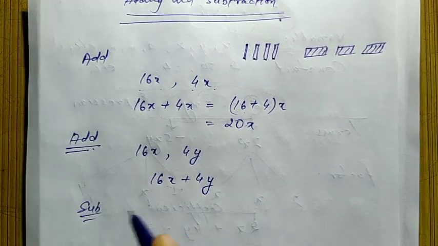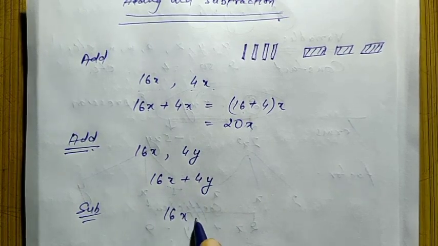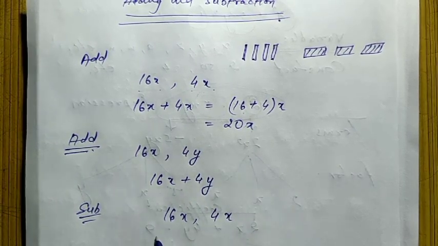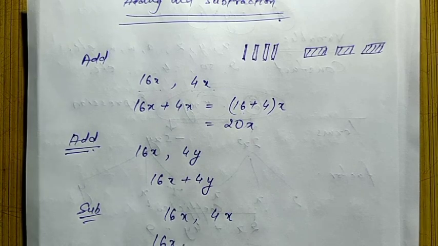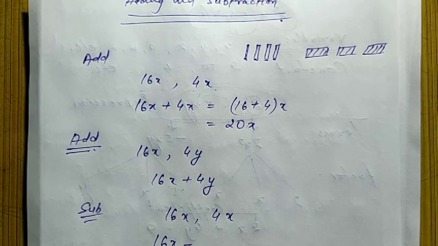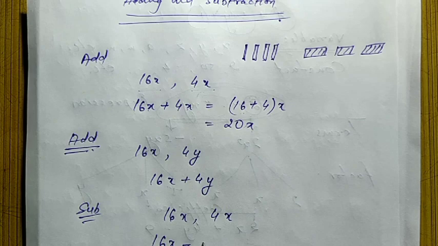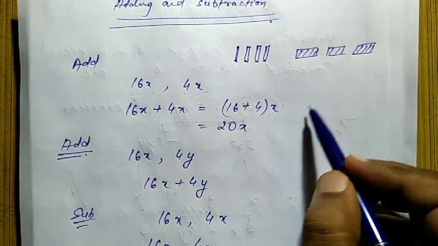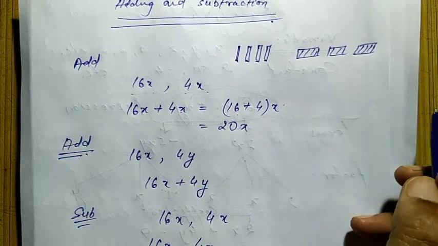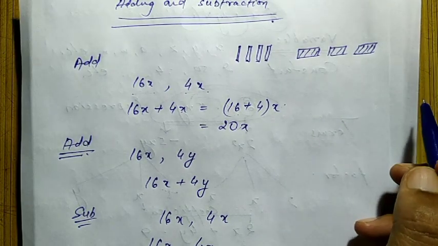Now see one more example. Suppose the question is subtract 4x from 16x, meaning 16x minus 4x. Here this is the distributive property. You can also write it in brackets by using the distributive property.